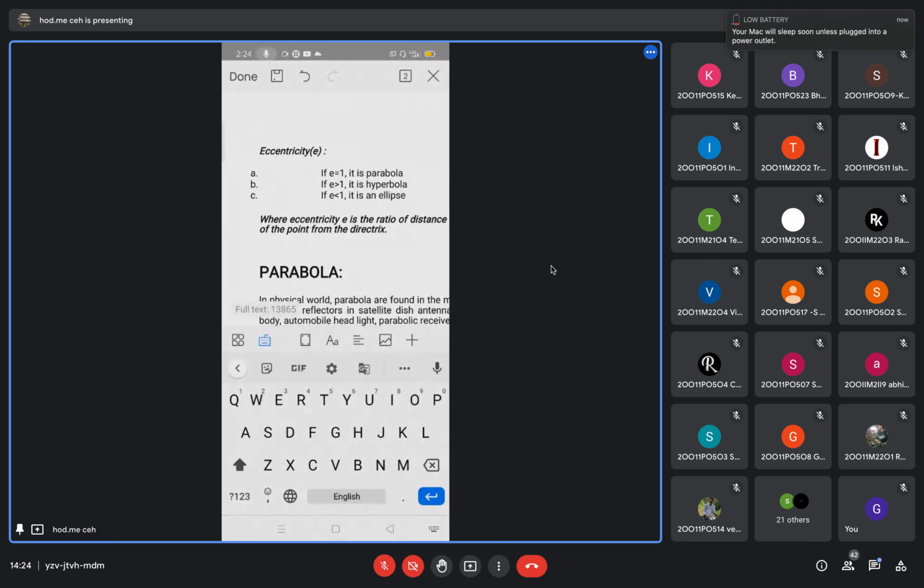See, these are the parabola, hyperbola, and ellipse.